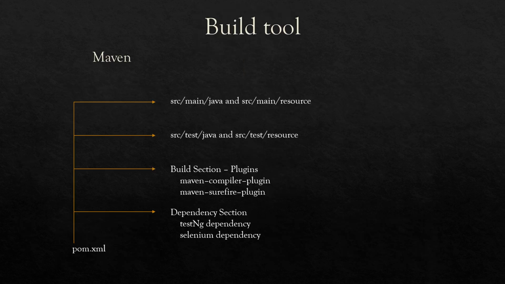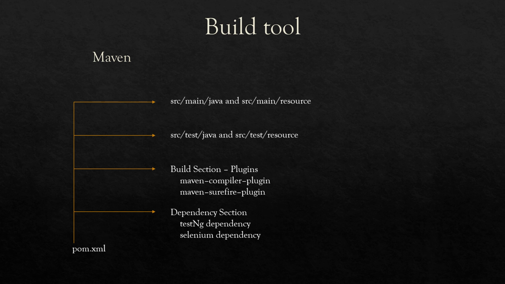Further, you can explain these tools in more detail, like Maven as a build tool. There is a file named pom.xml, the project object model. Its purpose is to provide a dependency section and a build section. In the dependency section we maintain the dependencies for the libraries we are going to use, like TestNG and Selenium.